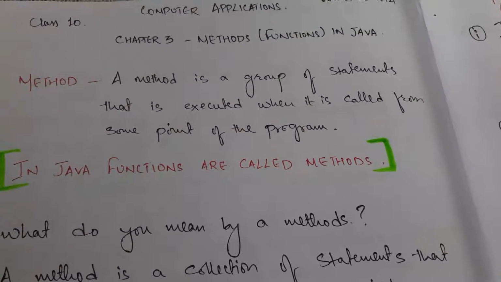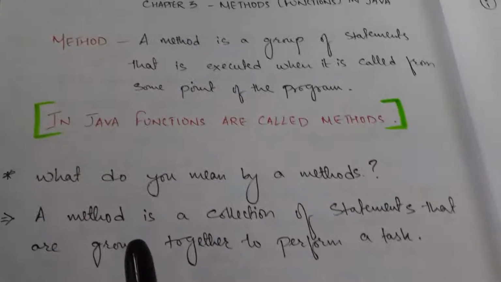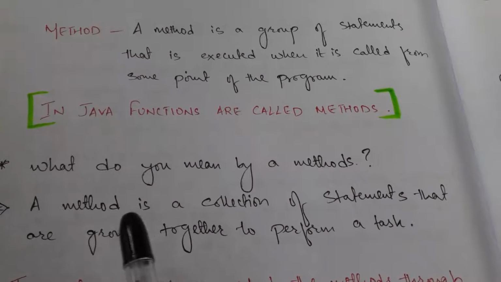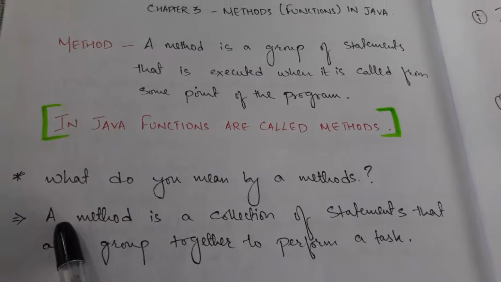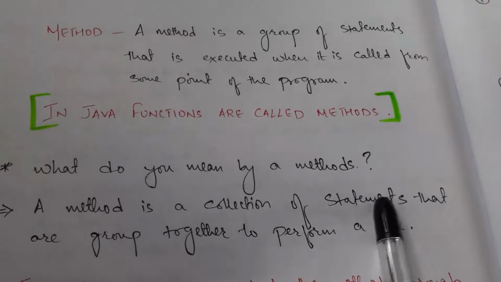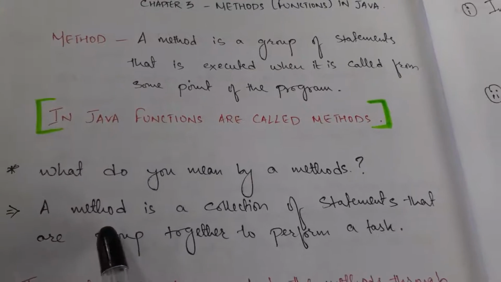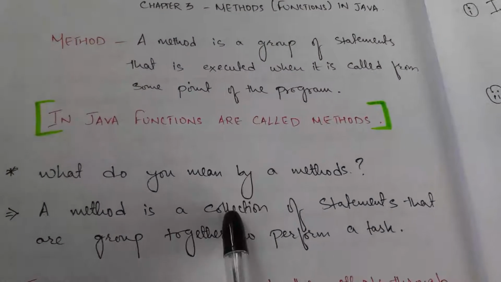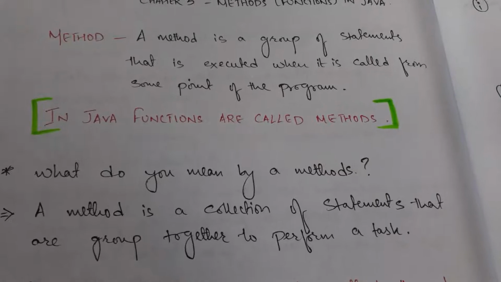Or we can define the same thing in another way. During exam time, you can write this definition: a method is a collection of statements that are grouped together to perform a task. You can select any one of these two definitions and write it during the exam.